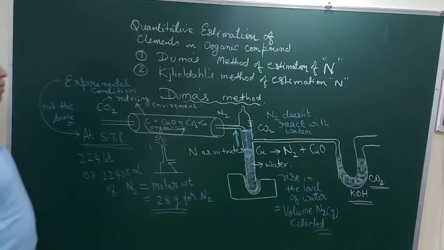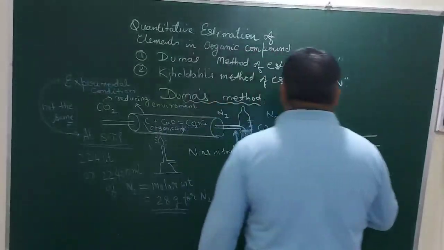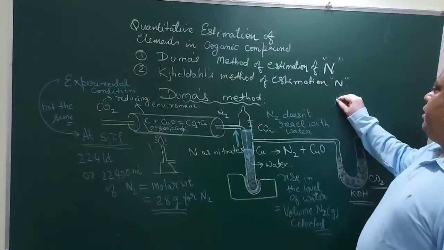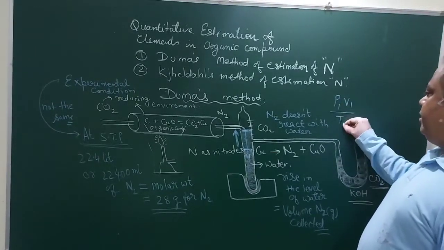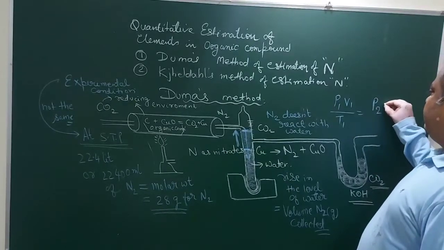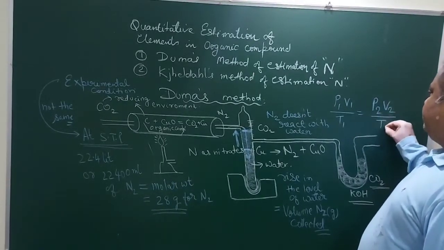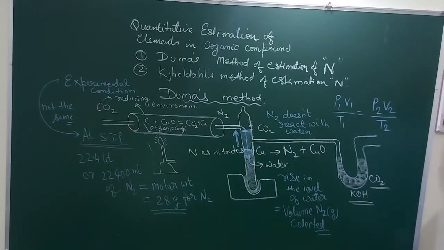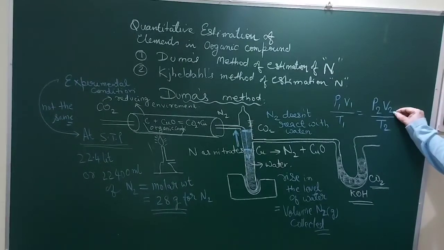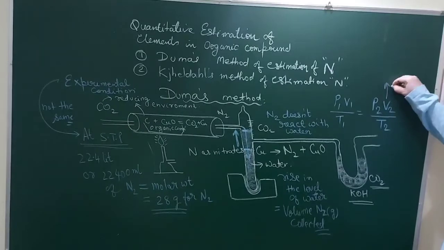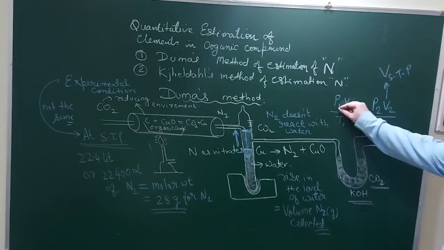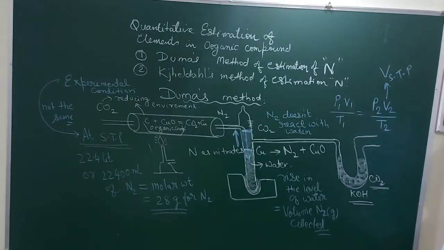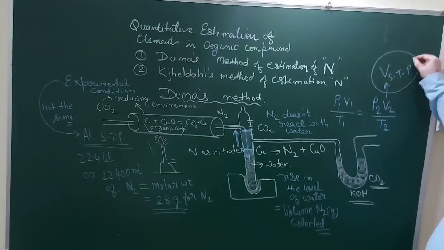So what we do? We apply the equation P1V1 by T1 equal to P2V2 by T2, wherein we find out V2 as volume at standard temperature and pressure. This we take as volume at STP. And P1, V1 and T1 we take as experimental. Alright. So with this we find out the volume obtained at STP.